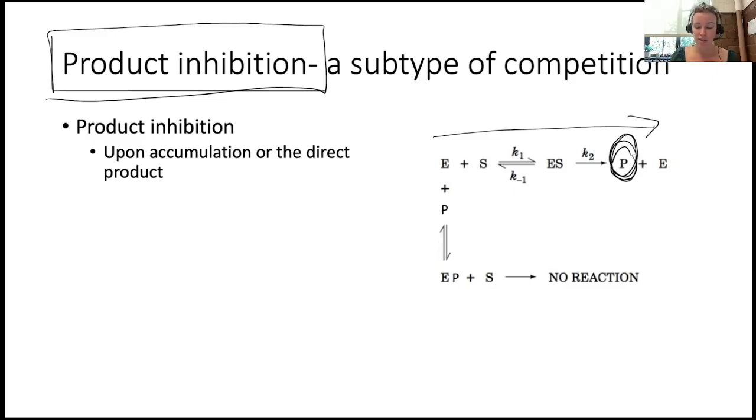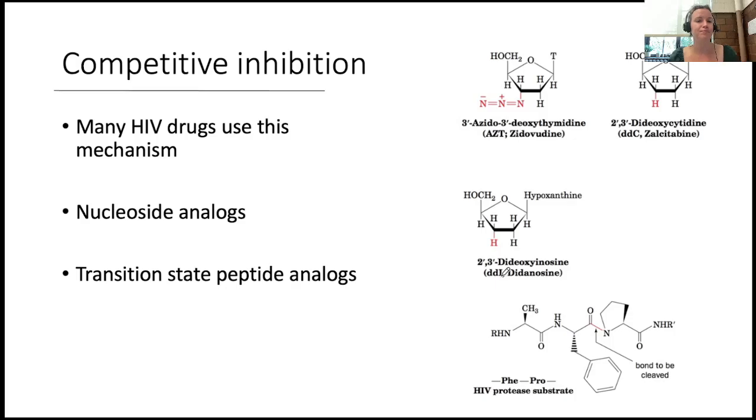And so the enzyme then has the capacity to either bind substrate or to bind its product, right? We know that the enzyme can bind substrate because it's its substrate. But we also know that the enzyme can bind the product because the enzyme makes the product. However, if enzyme is stuck bound to product, no further reaction is going to happen of the substrate because the product is outcompeting the substrate. So I wanted to mention this because product inhibition will be discussed in this class.